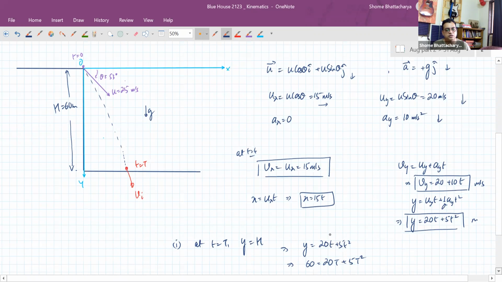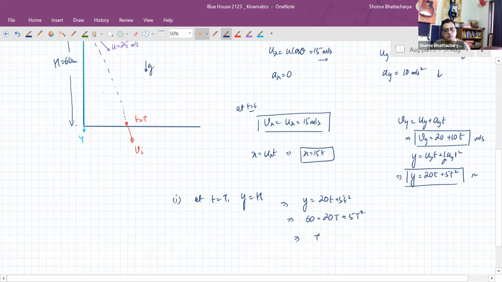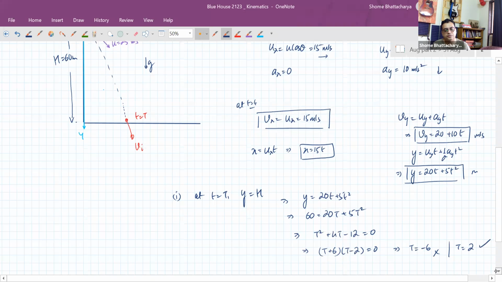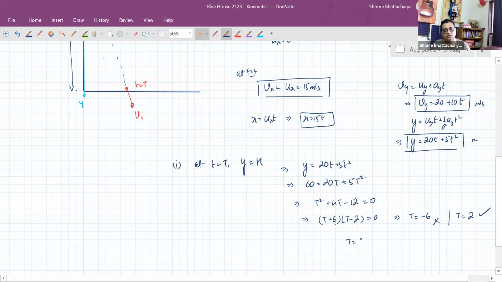So solving this equation now will give me the value of time. T square plus 4T minus 12 is equal to 0. So we get two roots, minus 6, which is not acceptable, time cannot be negative, and 2, which is the correct one. Okay. So capital T will be 2 seconds.